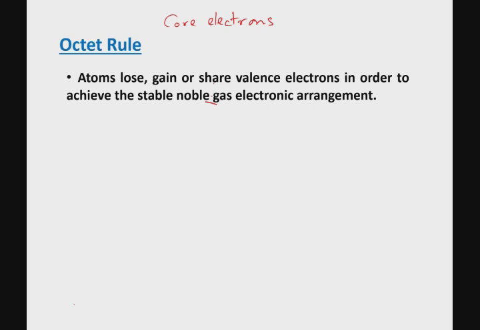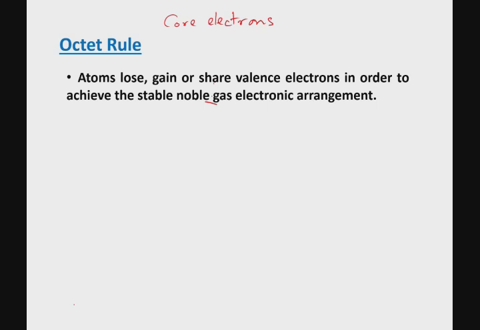In other words, the valence shell has 8 electrons in it, except for the first period, the first shell, if that happens to be the valence shell, because the maximum capacity of the first shell is 2. So if the valence shell is the first shell, then the maximum capacity is 2.